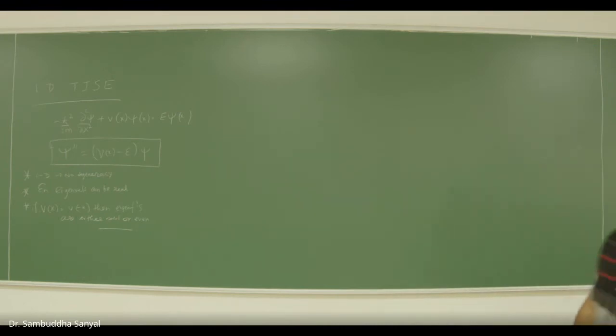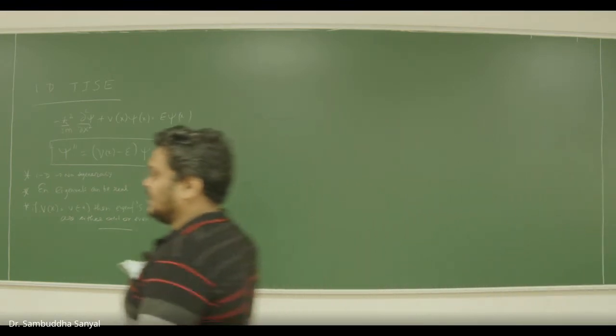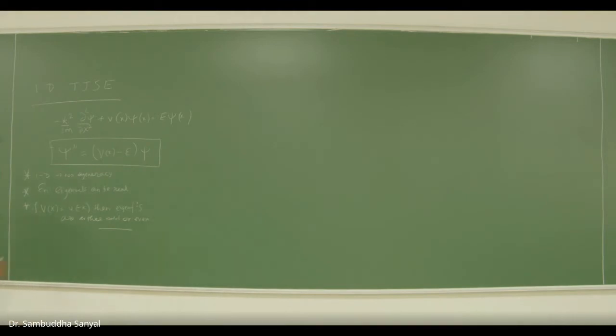So I will add two more theorems, two more generic statements about the mathematical properties of the solution, and again I'll give an intuitive proof. Let me just list them here, and we will see that in a moment. One of them is the node theorem.